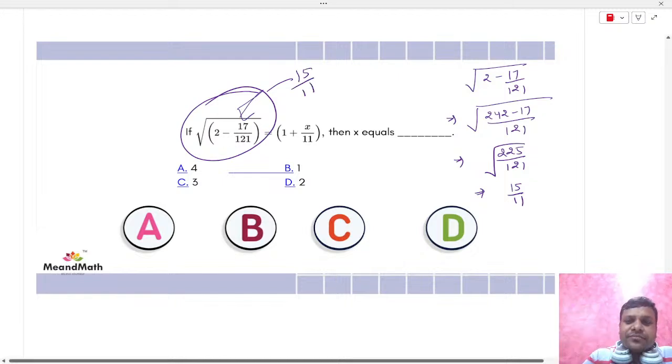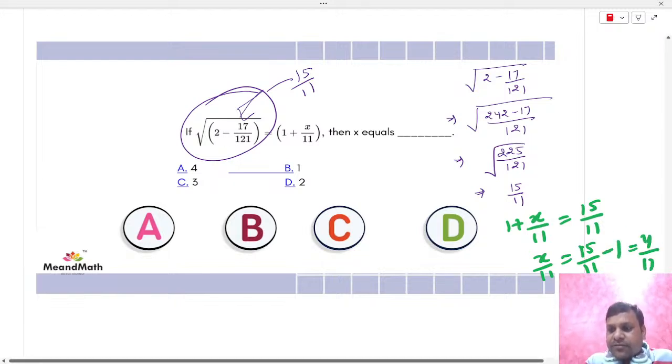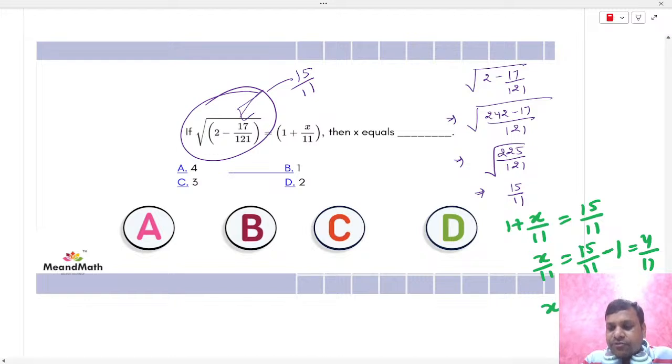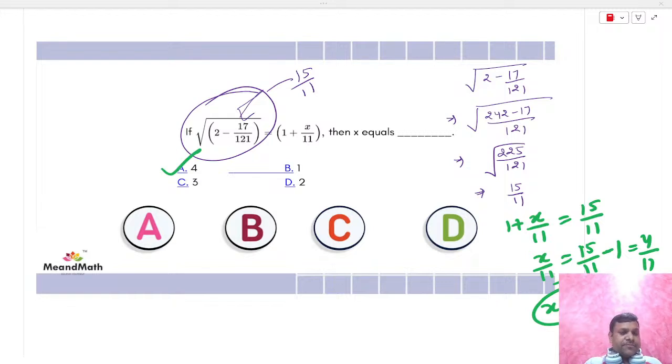Now 1 plus x upon 11 is equal to 15 upon 11. So x upon 11 is equal to 15 upon 11 minus 1, so this is 4 by 11. So x is equal to 4 here. So the answer is 4, option number A. In this question, only calculation is involved.